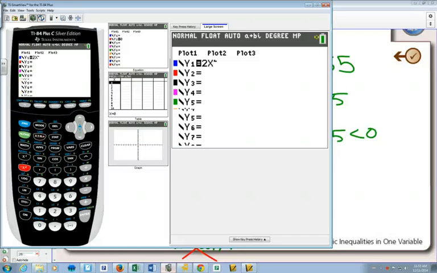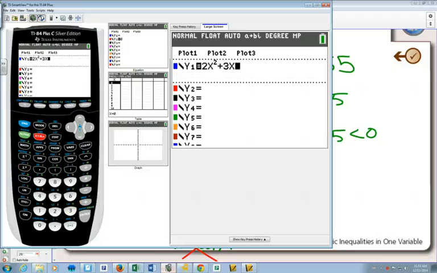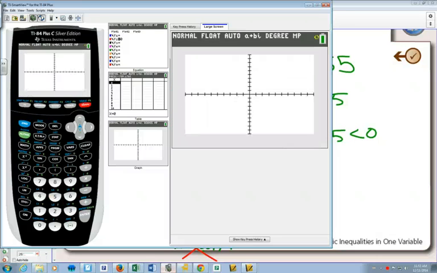I'm going to graph that. It's a big parabola. And the key points will be these two x-intercepts.